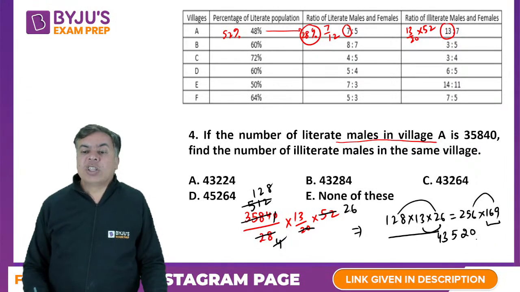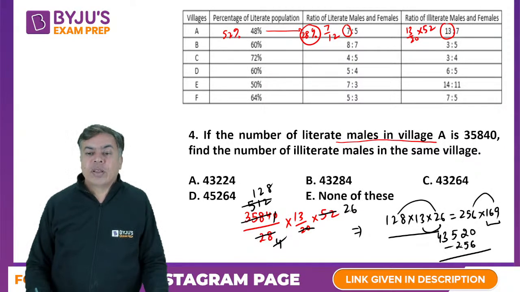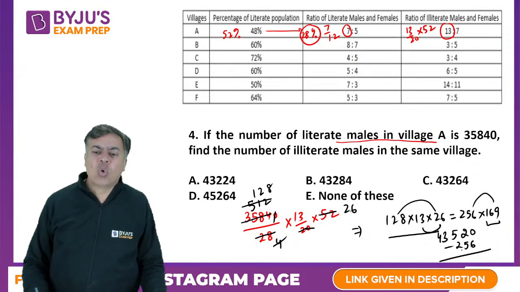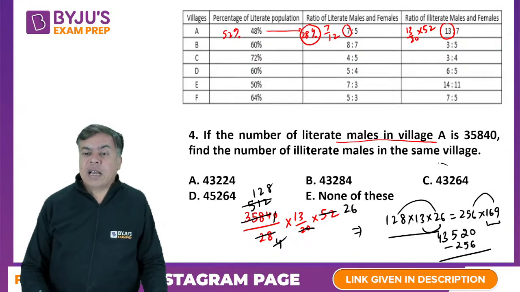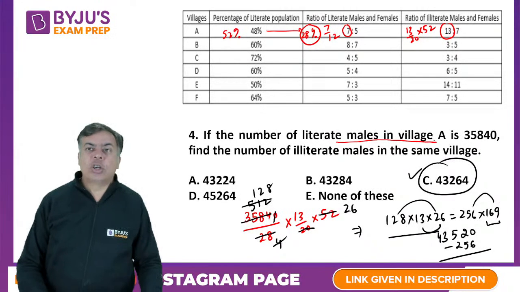So this will be into 170. So minus 256 will be the answer. So 4300 and it will be 244, 64. I think this should be the correct answer. This should be the correct answer.